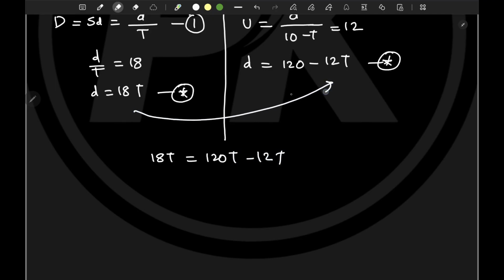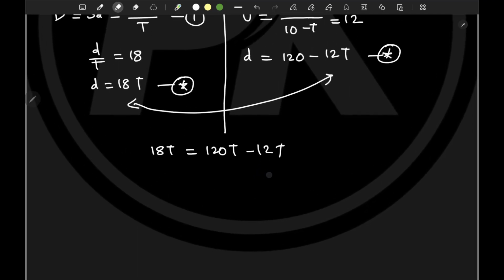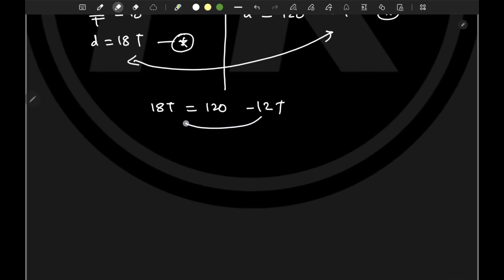So what I did is I have just equated the RHS, and so when it is coming in this direction, 18t plus 12t, it is 30t, which is equal to 120, and hence the time taken is how much?